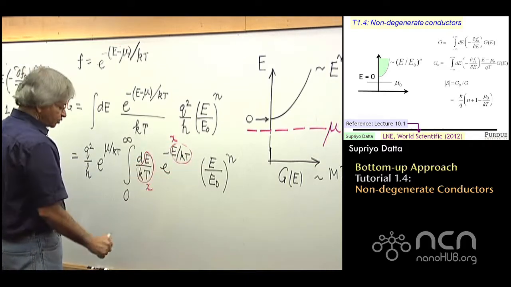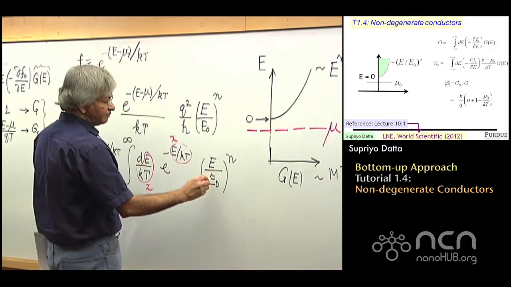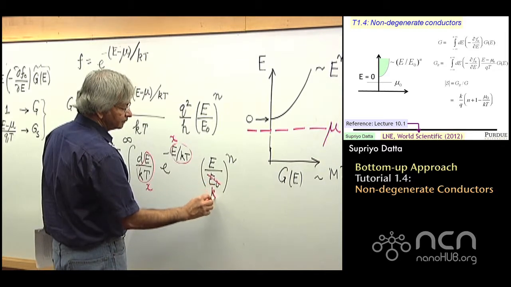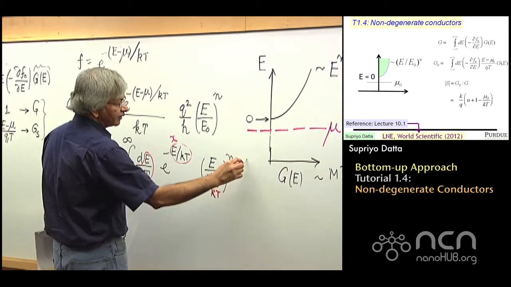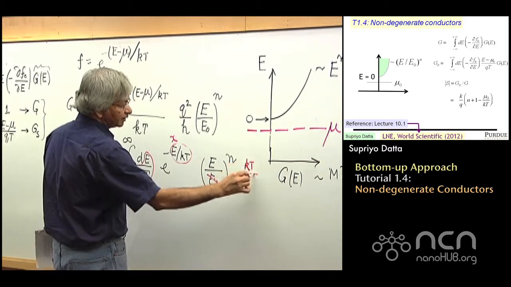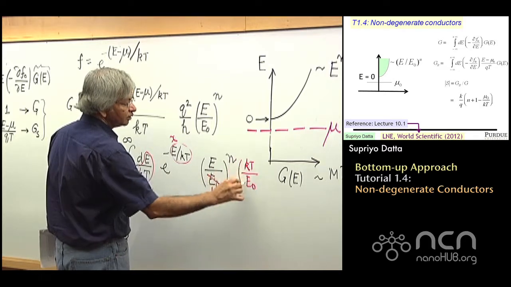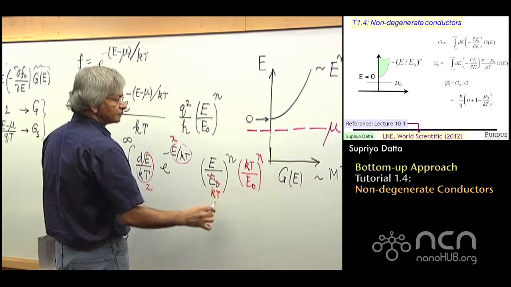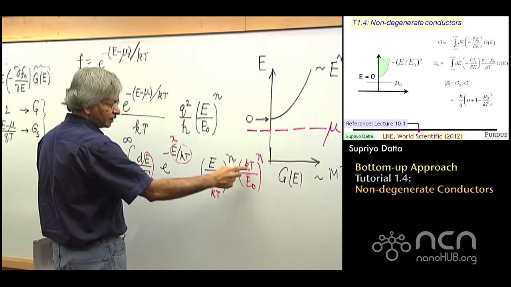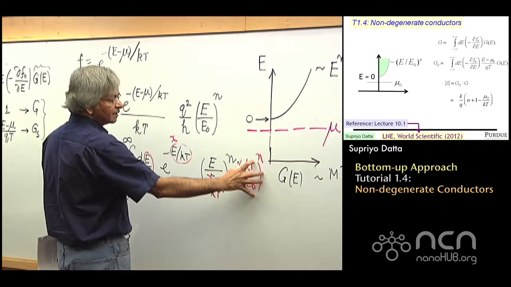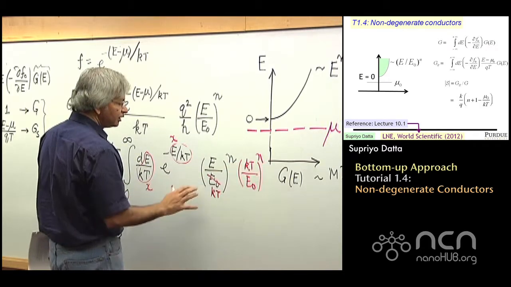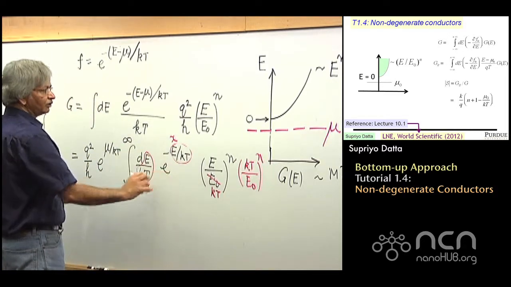And this one also I could make it look the same. I could put a kT here and then write it as kT, multiplied by kT over E0 to the power n. So I've done nothing. I put a kT there and a kT there. But then this thing is independent of energy. I can pull it out. And that way I'll just have an integral over x.